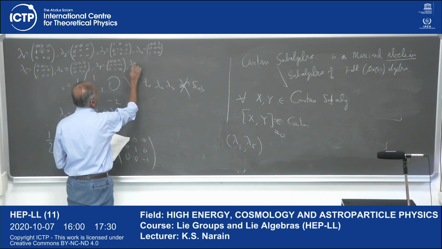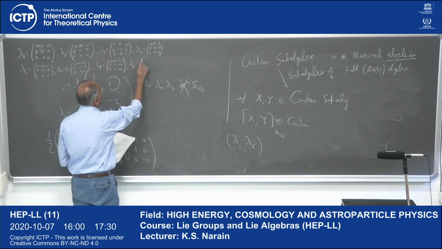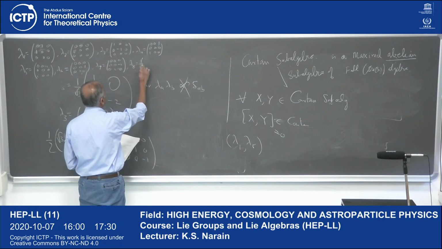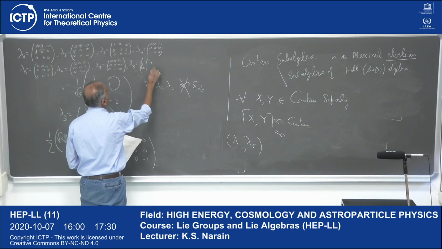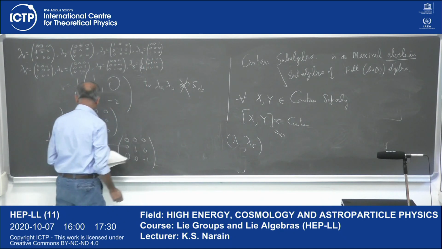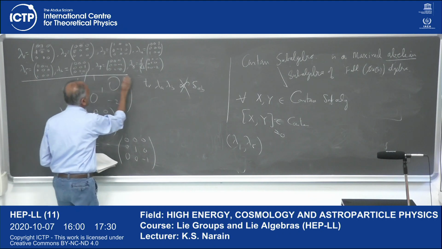And finally, lambda 8, which is this one: 1 over root 3, 1, 1, minus 2. Okay. So this I will try not to erase.